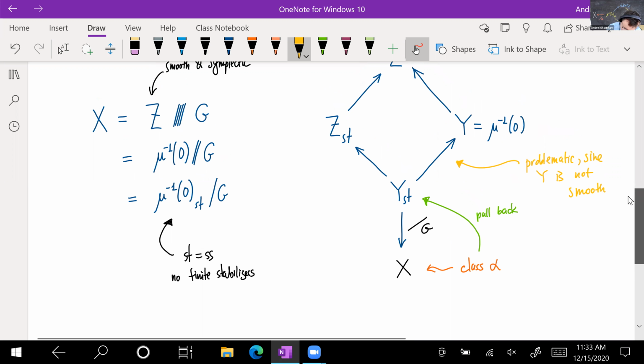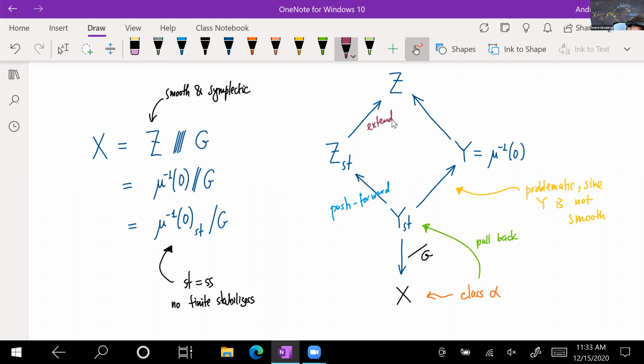Instead we push forward here, and then we would like to extend this so that it is supported on Y. That clear?